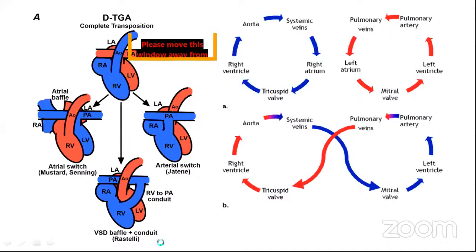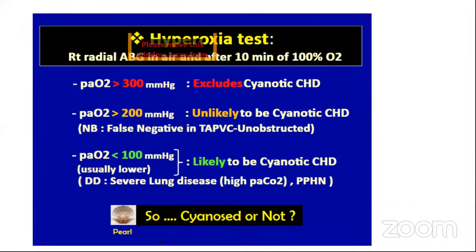Just a note on that. We stressed that we gave oxygen. That forms the basis of the hyperoxia test. What is the hyperoxia test? We take the ABG on room air, and again after giving 100% oxygen for 10 minutes. If after giving oxygen the PaO2 improves, it is not a cyanotic congenital heart disease.